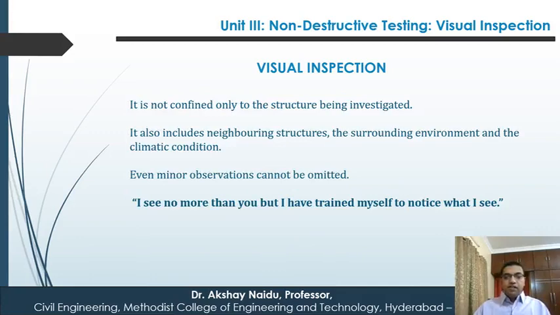Now very important is this visual inspection is not confined only to the structure being investigated. It also includes neighboring structures, the surrounding environment and climatic conditions. So even minor observations cannot be omitted. For example, suppose it's an offshore structure and the deterioration is caused due to the offshore environment.